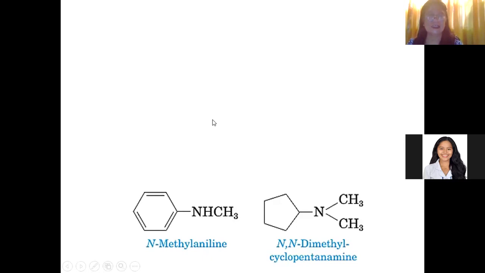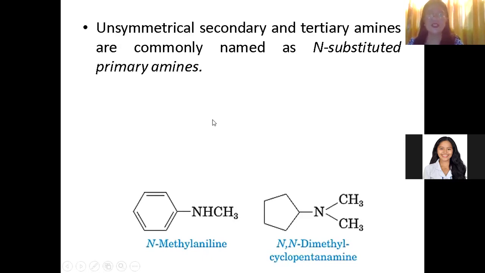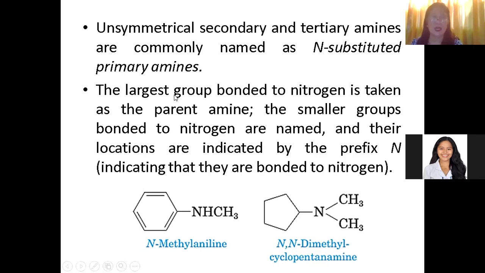Okay, some more. There are also unsymmetrical secondary and tertiary amines, commonly with N-substituted amines. So the largest group bonded to the nitrogen is taken. Always remember, the largest group bonded to the nitrogen is taken as the parent amine.